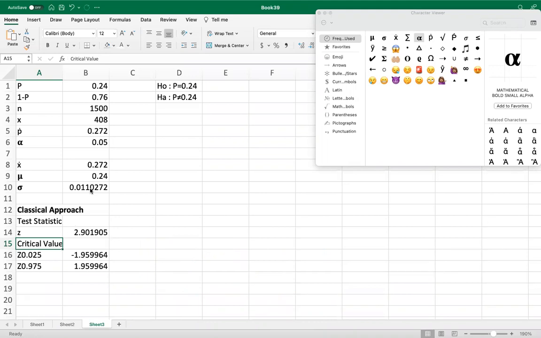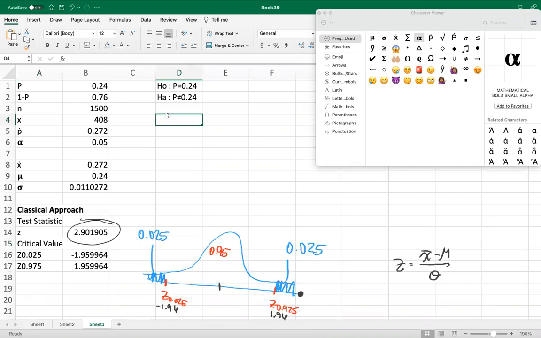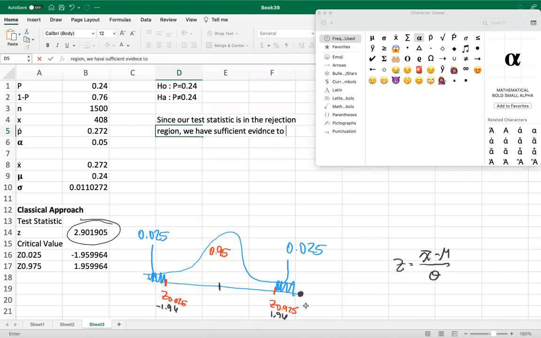So let's cancel that. Actually, we could keep this up just so we could see it. Since our test statistic is in the rejection region, we have sufficient evidence to reject the null hypothesis.